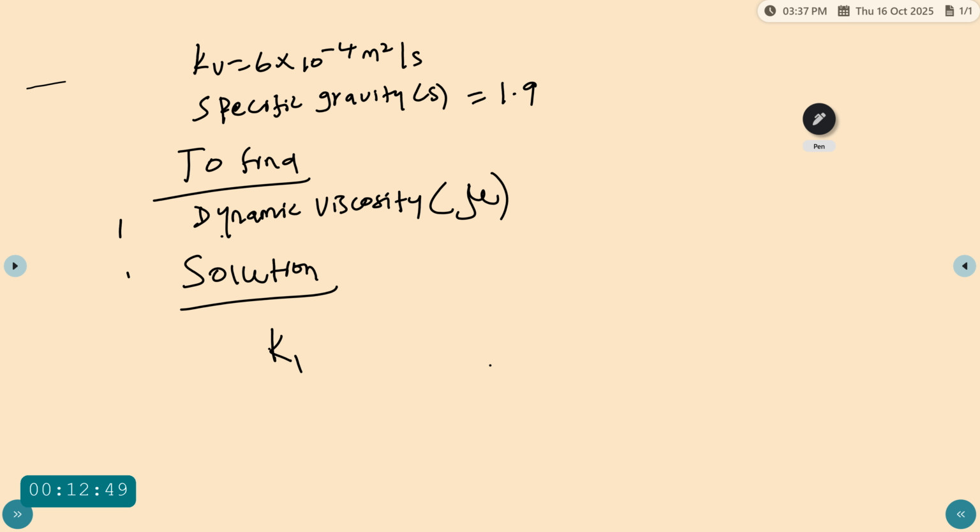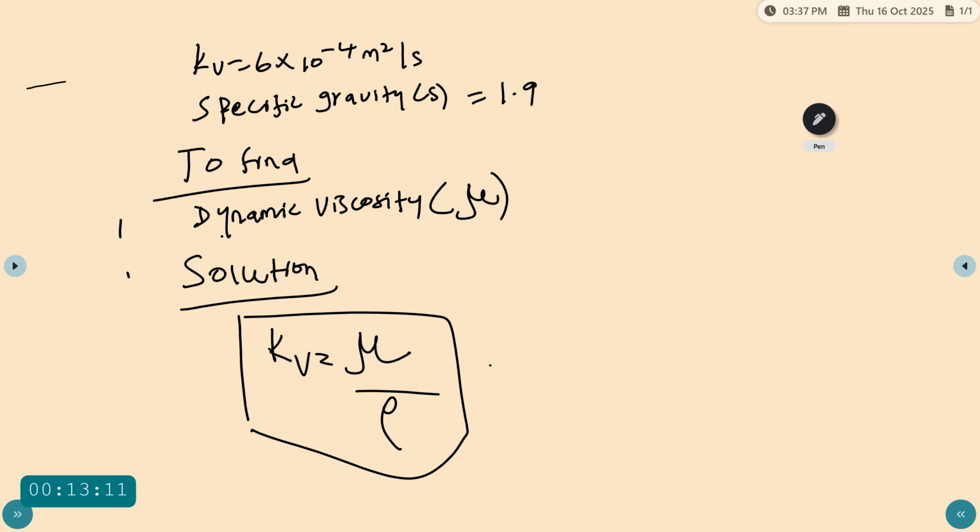Kinematic viscosity KV is the dynamic viscosity mu divided by the density rho of the fluid. Mu is the absolute or dynamic viscosity. It's an important formula, which we already derived.